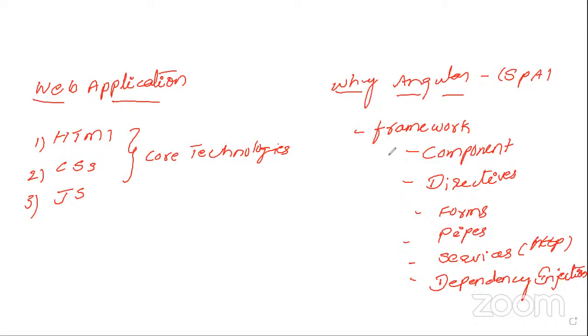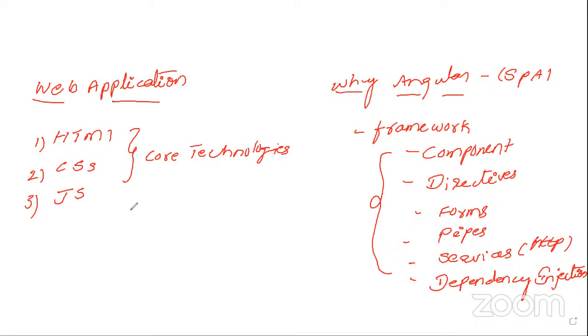So these are the main features which are there in Angular. By using all these main features, we will be able to build web applications as quickly as possible. So let me explain how components are going to help. I'll just give one simple example and then I'll move on to the application creation.